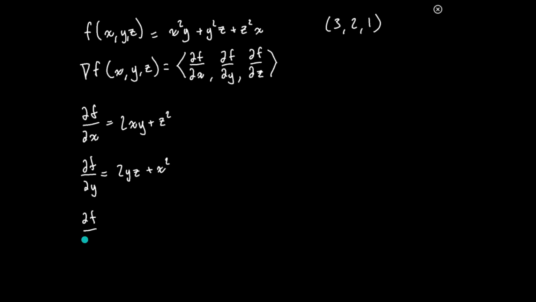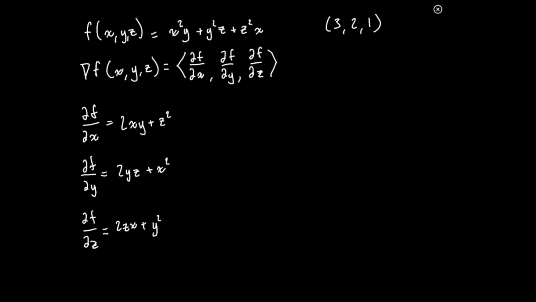Partial derivative of f with respect to z would be 2zx plus y squared. All right, now all that we have to do is evaluate each of these.